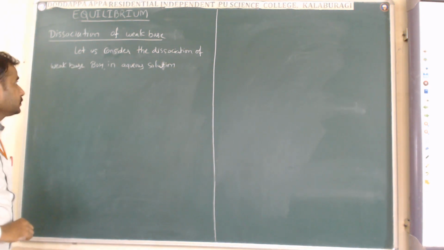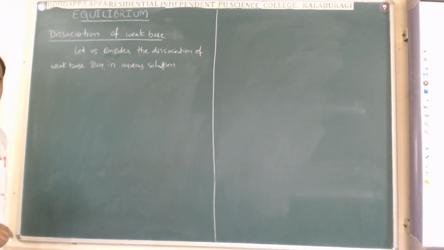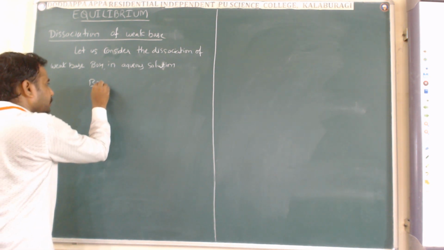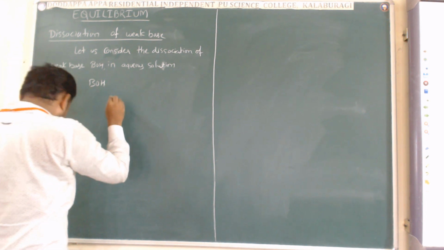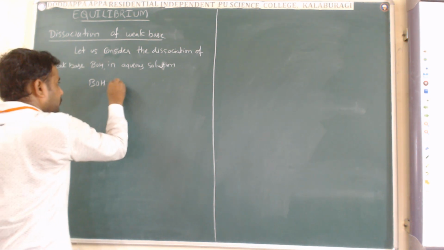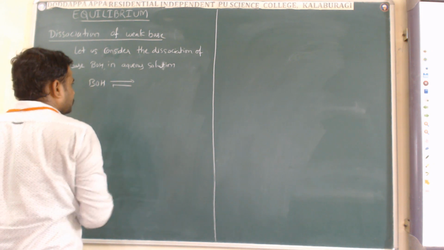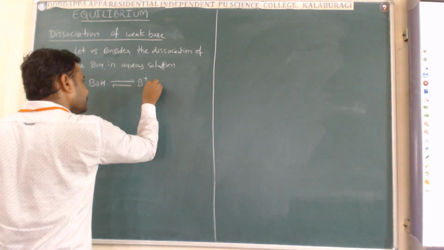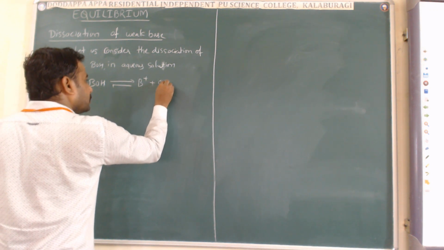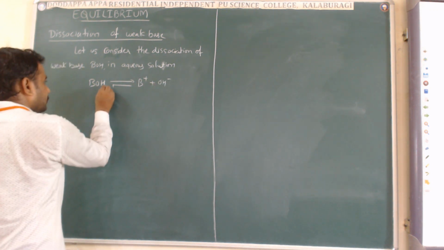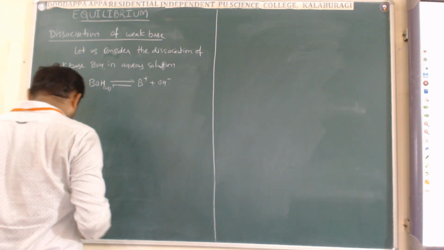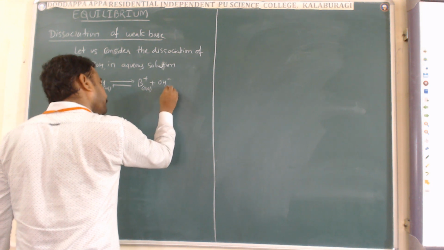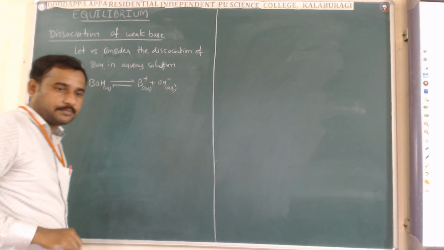Here we have written down the reaction. When BOH is added to water, it undergoes dissociation. It gives B plus and OH minus, both in the aqueous form.